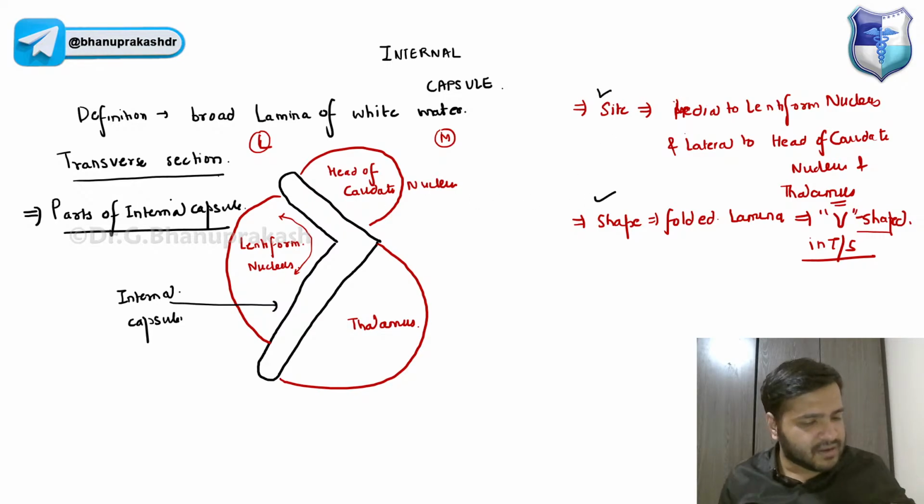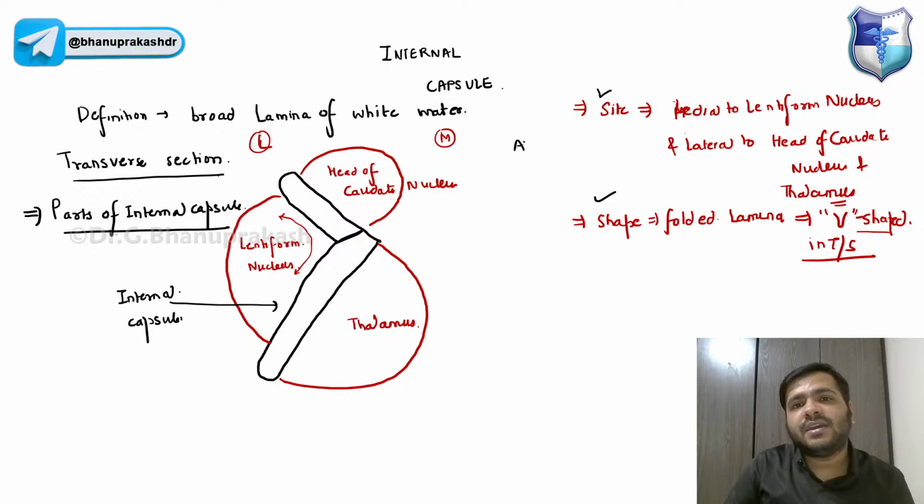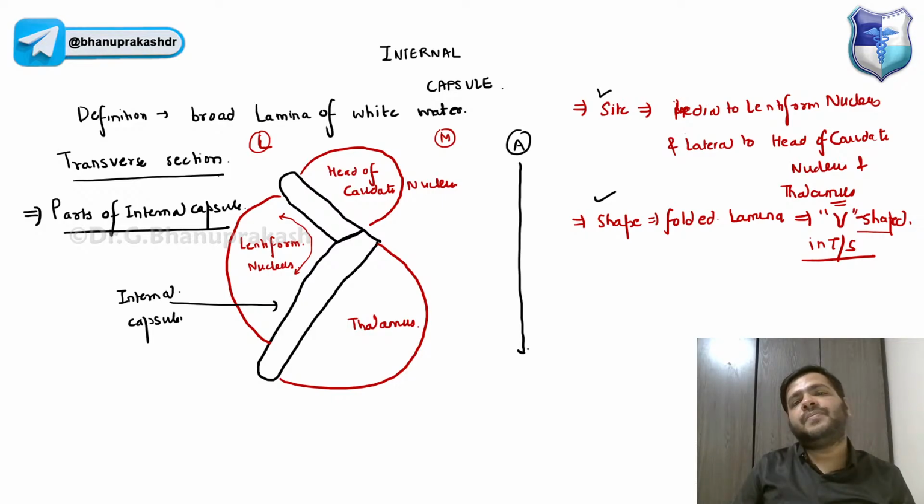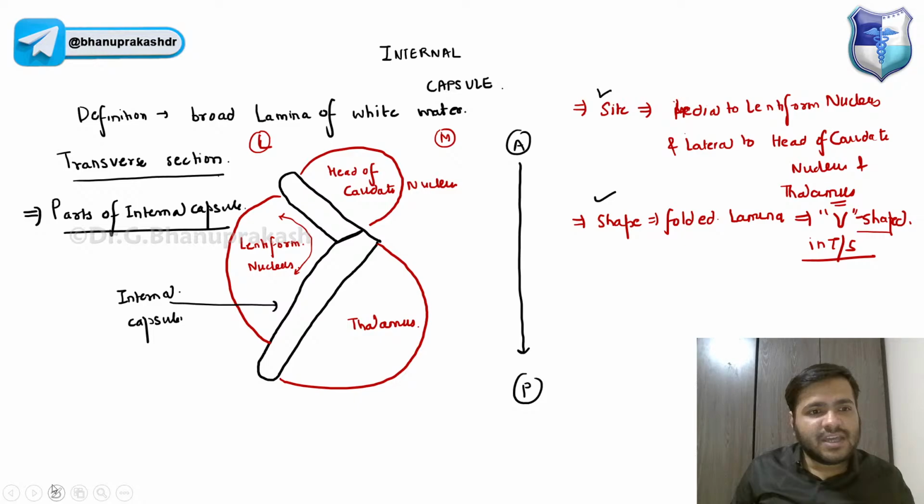Now coming on to the parts. Anterior is the front part and posterior is the back. So we have a very short anterior limb. Remember, this is the very short anterior limb.